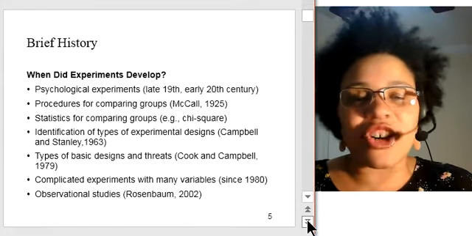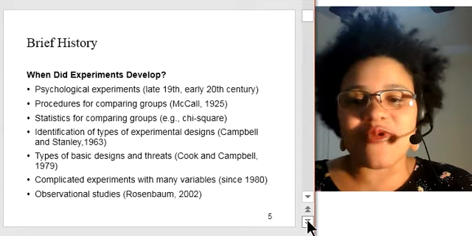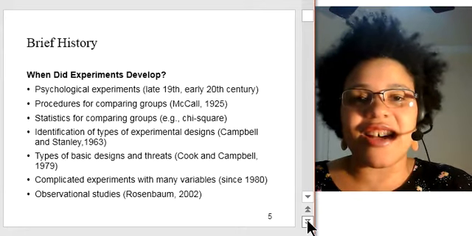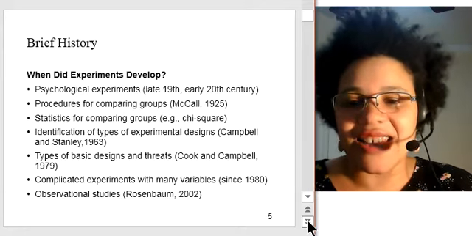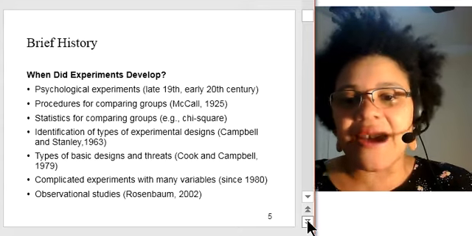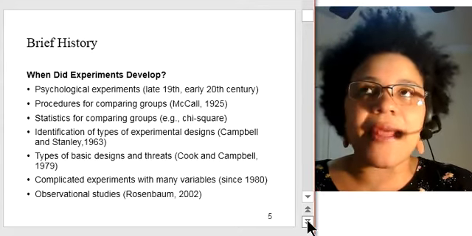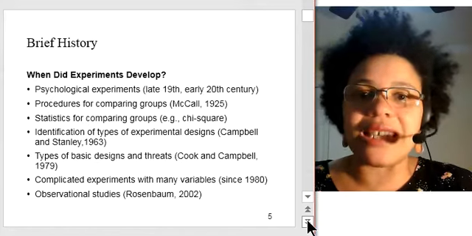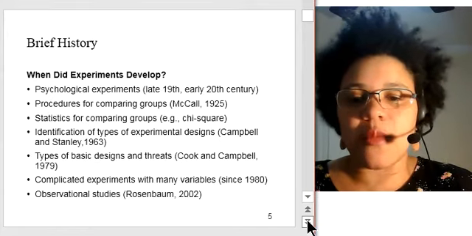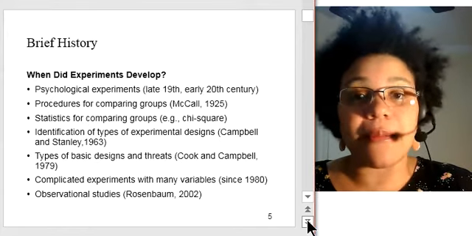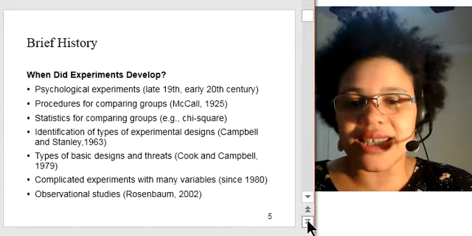Campbell and Stanley are credited with writing a very influential text on that in the 1960s. The idea that there are basic designs and threats to the validity of those designs were described by Cook and Campbell in the 1970s.